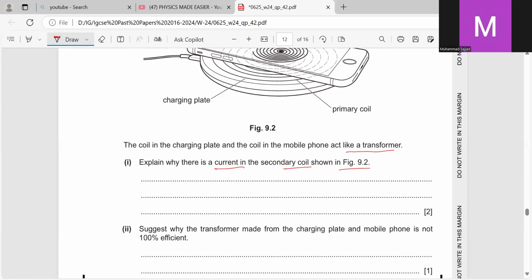We will say there will be a changing magnetic field in the secondary coil.